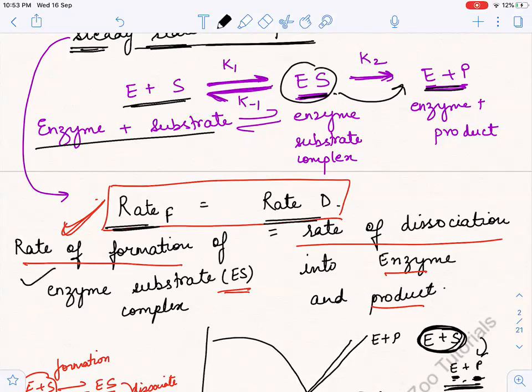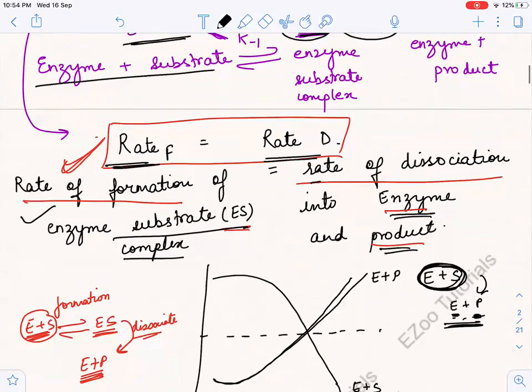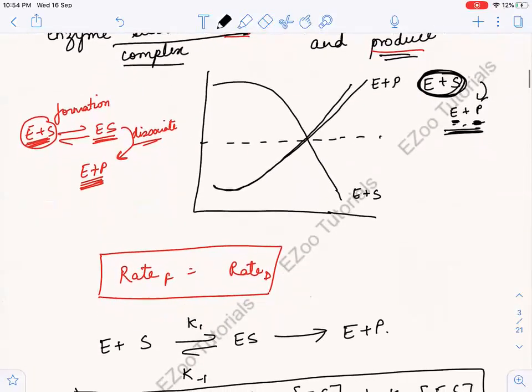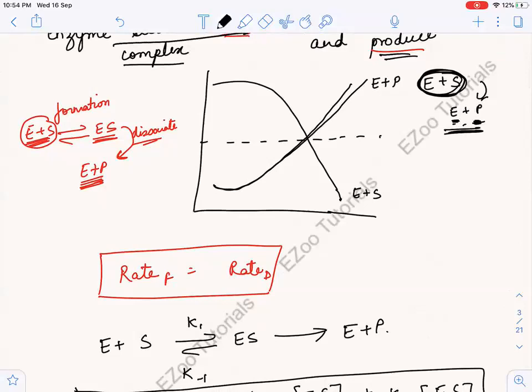So the rate of formation of enzyme substrate complex is equal to the rate of dissociation of enzyme and product. Enzyme plus substrate is decreasing and enzyme plus product is increasing because this is dissociating.